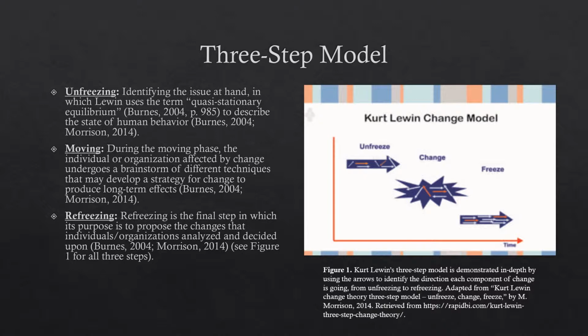In refreezing, its purpose is to propose the changes that individuals and organizations analyze and decided upon. And Figure 1 shows a full demonstration of how the change model runs in time from unfreezing to refreezing.